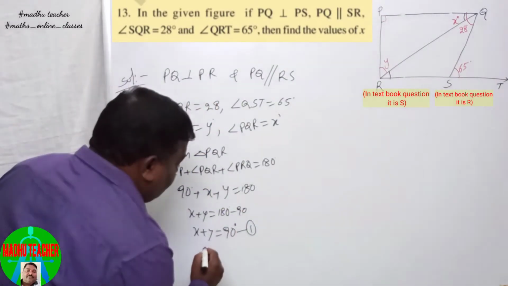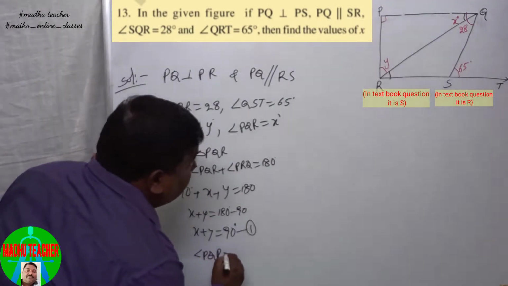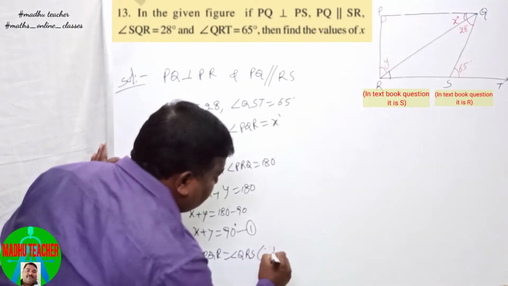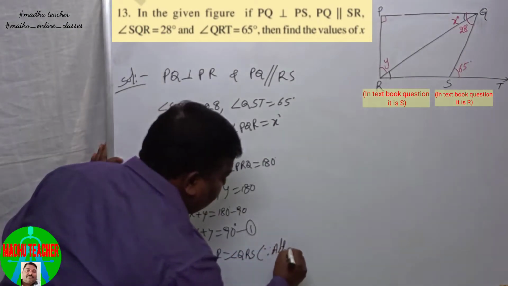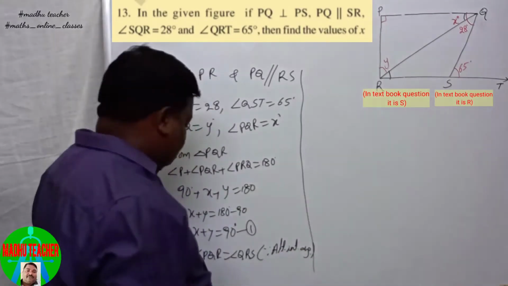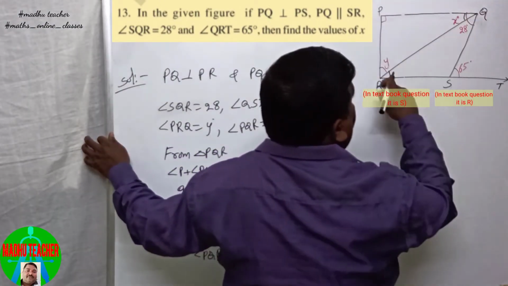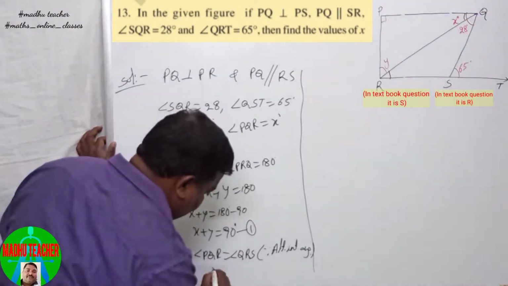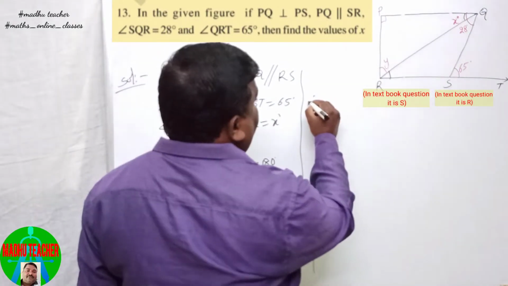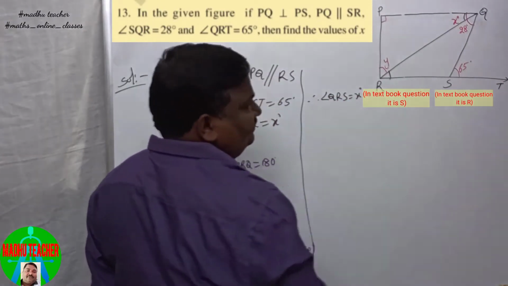Therefore, angle PQR equals angle QRS, since they are alternate interior angles. What is angle PQR? PQR is x. So x equals angle QRS. Therefore, angle QRS equals x degrees.